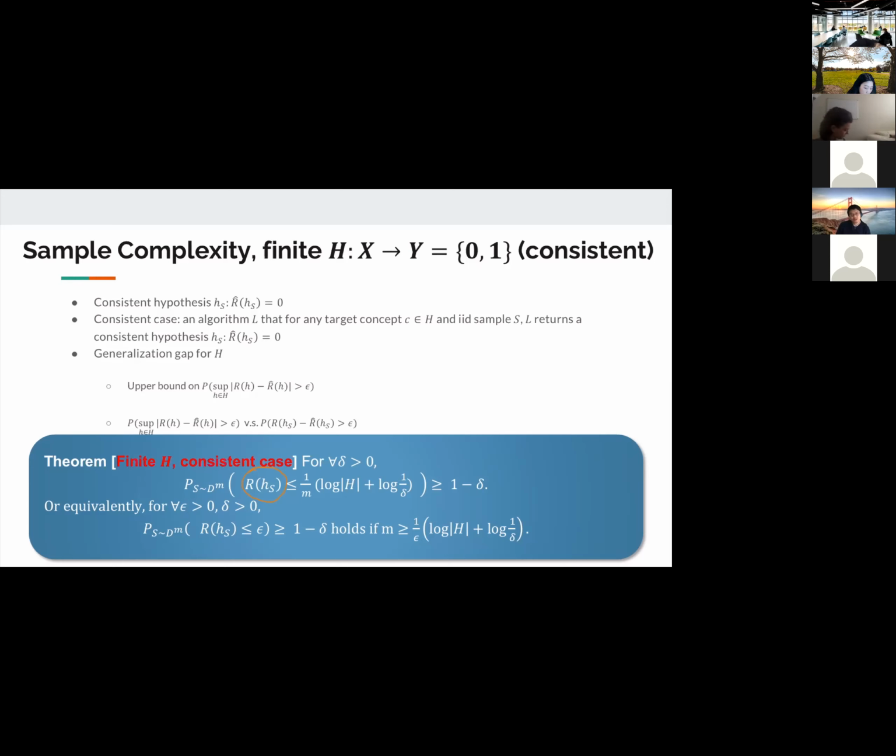But remember, you're taking the probability over the samples, so overall this accounts for the randomness of the samples. So the probability of h_S having error smaller than or equal to this quantity, the sample complexity quantity, is greater than or equal to 1 minus delta.